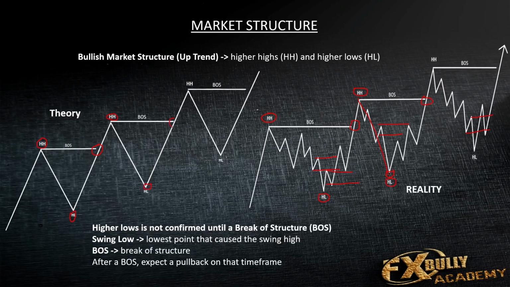After breaking that higher high, we can then confirm that we have a new higher low. And then after a break of structure, we expect the market to pull back and create our new higher low. And when you're looking at this, you will see that this is your bullish structure.